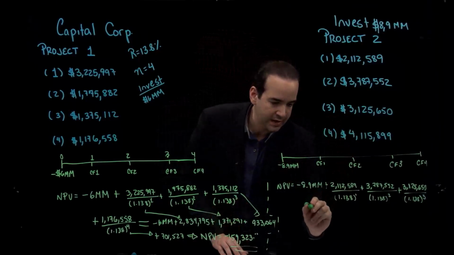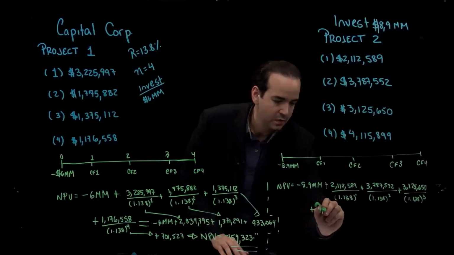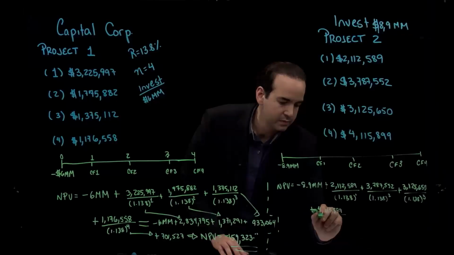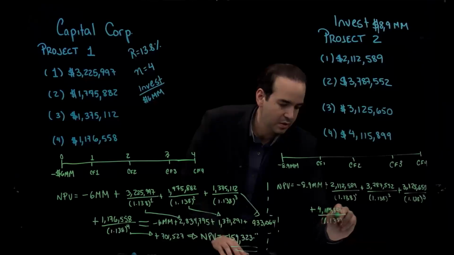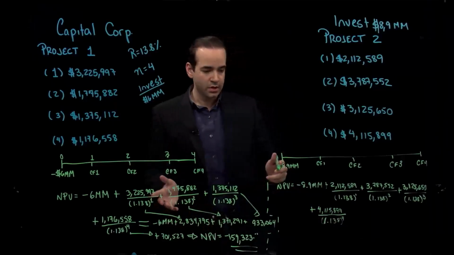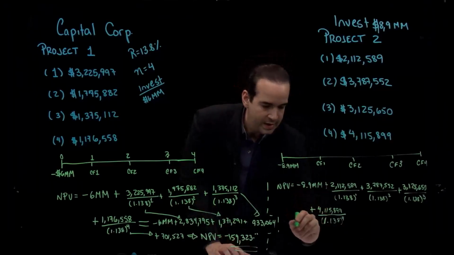Finally, we have the fourth cash flow, which is 4,115,899, and we divide this by 1.138 to the power of 4. There we go. It's quite straightforward.